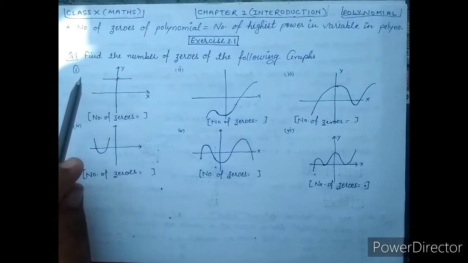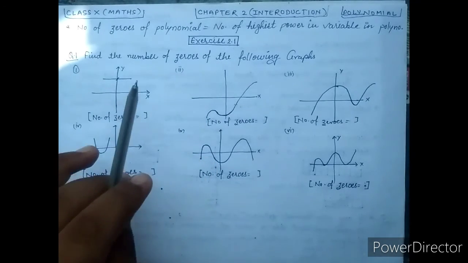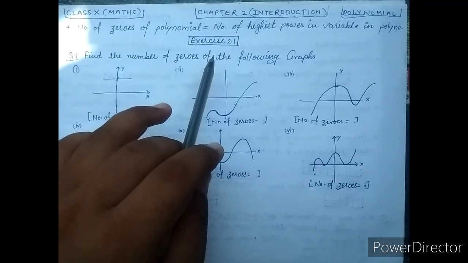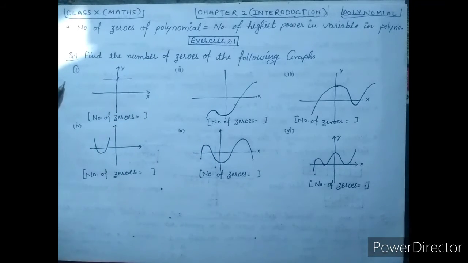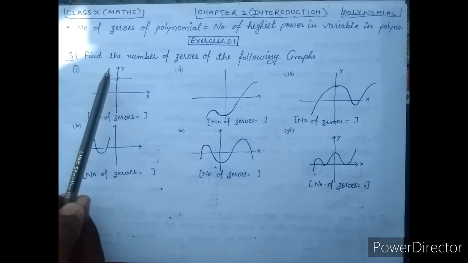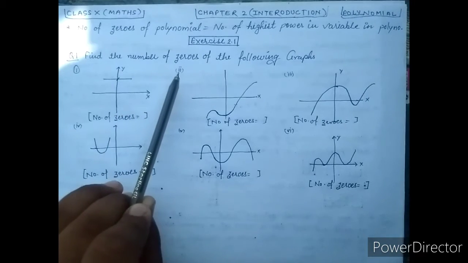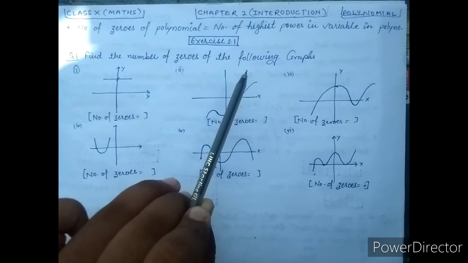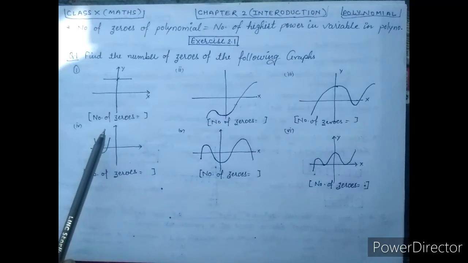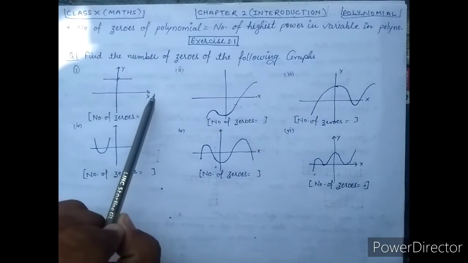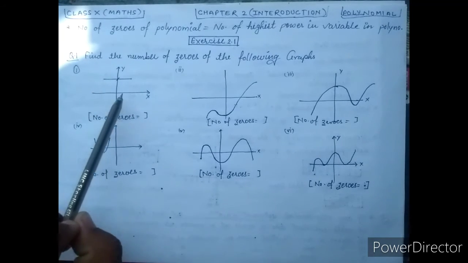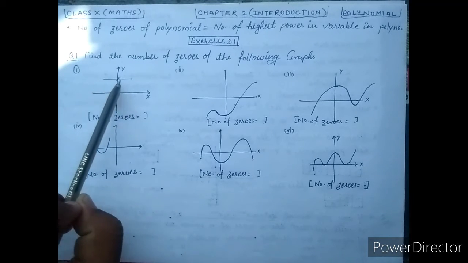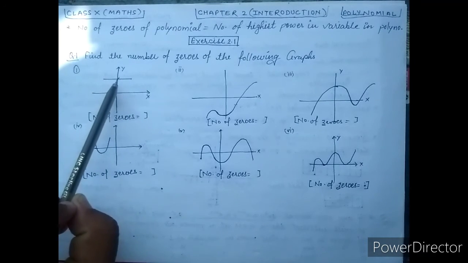Okay, so now we will move towards exercise 2.1. Your first question is: find the number of zeros of the following graphs. So your first graph, you are looking, this is x-axis, this is y-axis, and it intersects the y-axis.